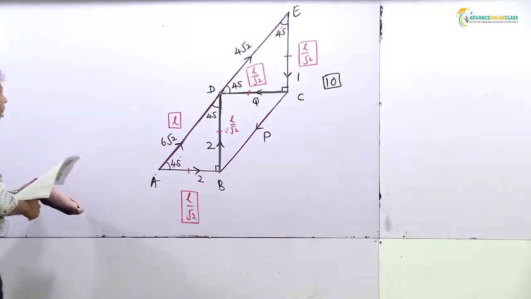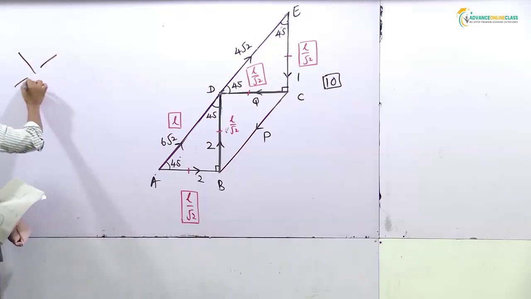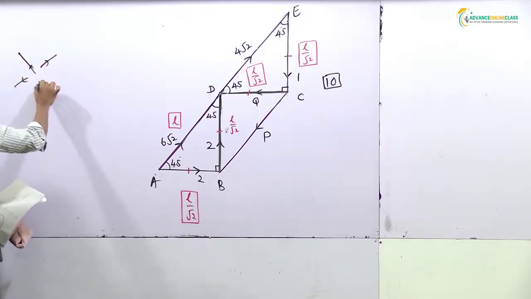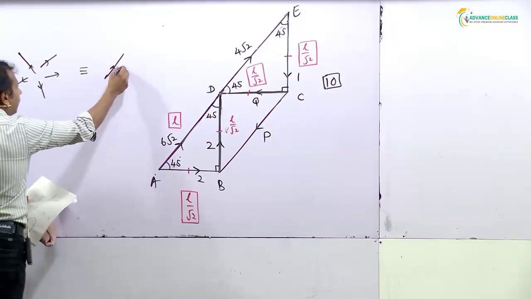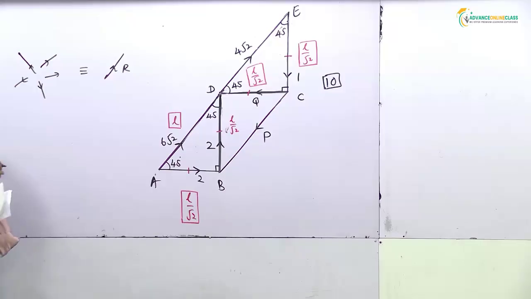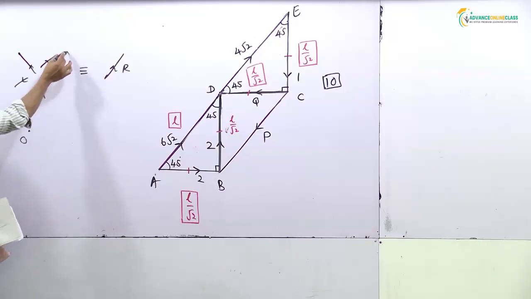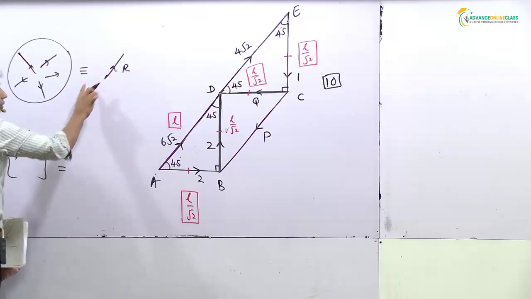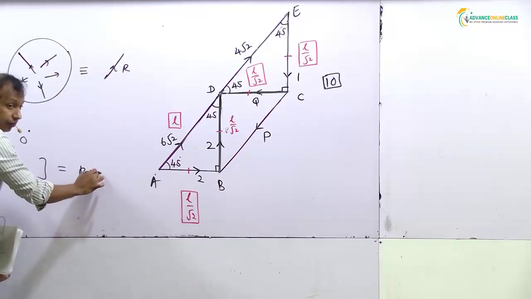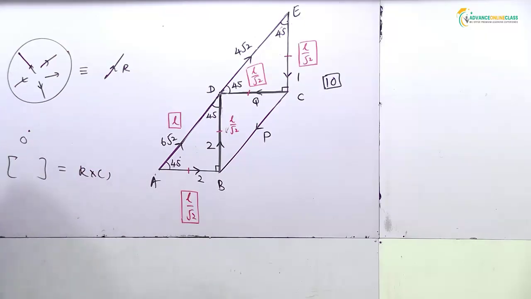If we have a system of forces like this, and the resultant of them is R, around any point on the plane, the algebraic sum of the moments of these forces is equal to the moment of R around the same point.